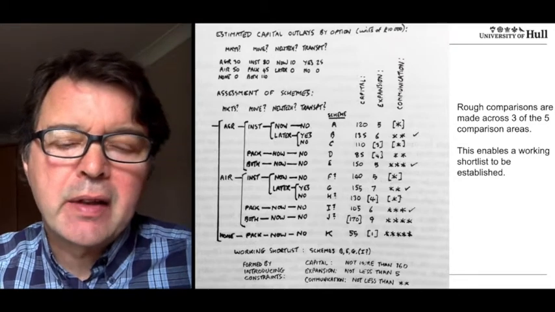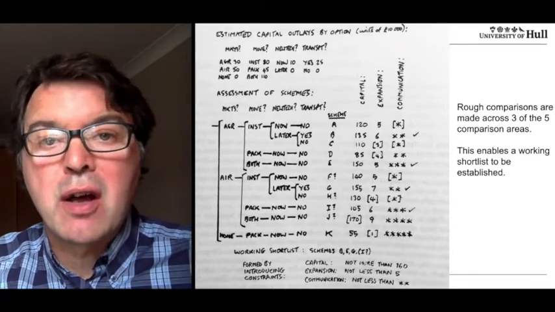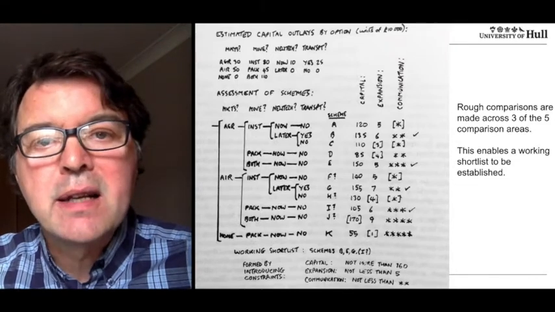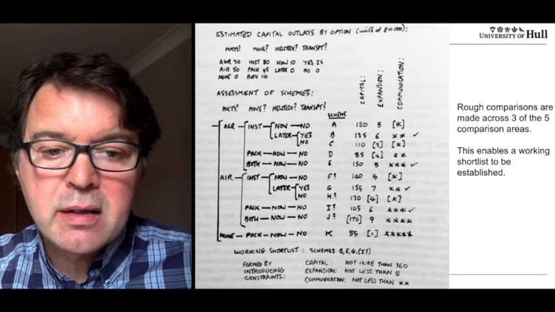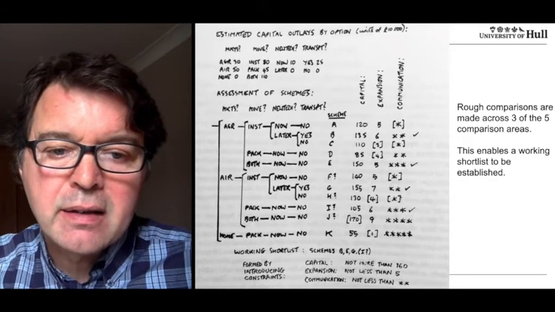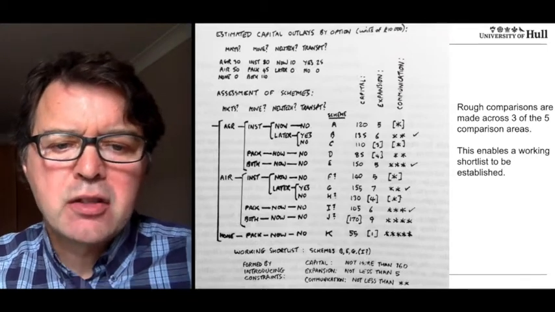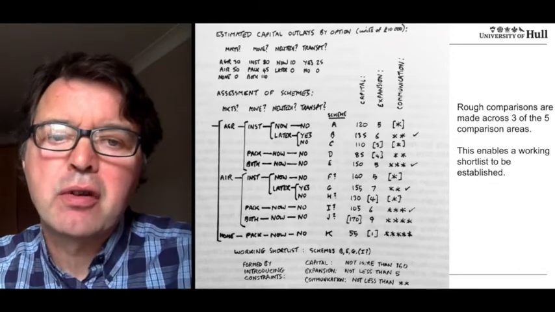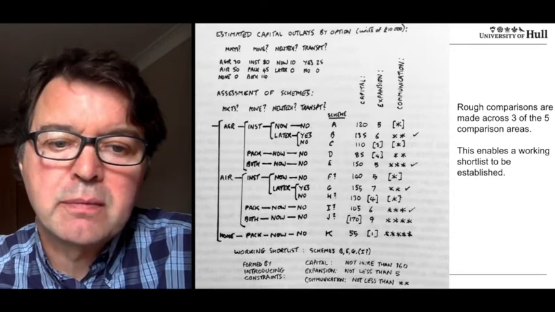And then in terms of communication, we're scoring them 1 to 5 star. So we can see that K has a 5-star rating for internal communication, whereas F and H are scored as 1 star. So we get a sense of scoring systematically across all of those 11 feasible options.